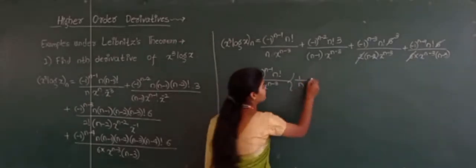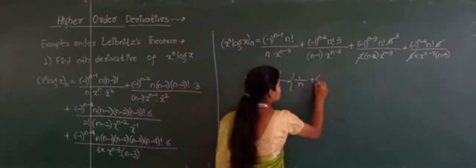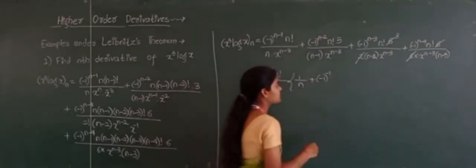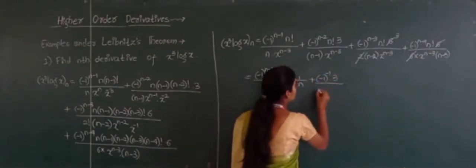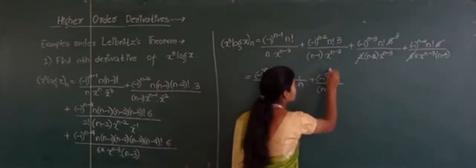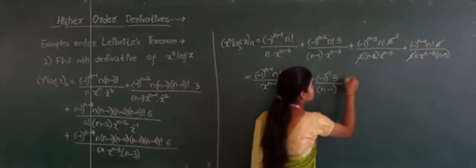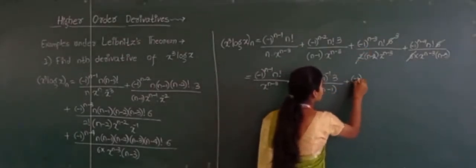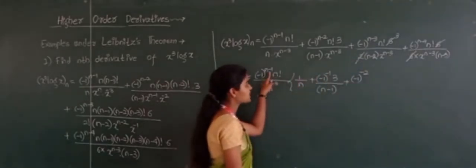Okay, next plus minus 1 raised to n minus 1 is taken outside. So here we are left with minus 1 raised to minus 1 into 3 divided by n minus 1, and already this x raised to n minus 3 is outside. Then plus, similarly here we are left with minus 1 raised to minus 2, because n minus 1 is taken outside.